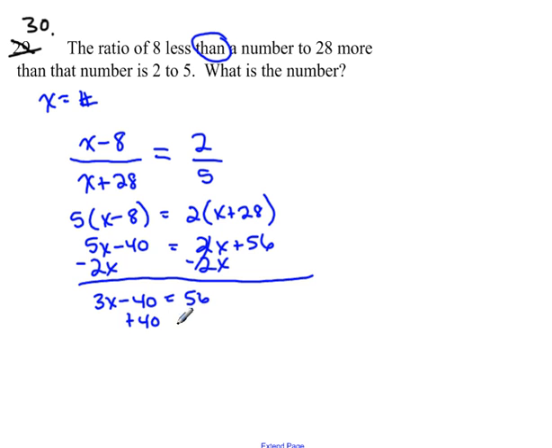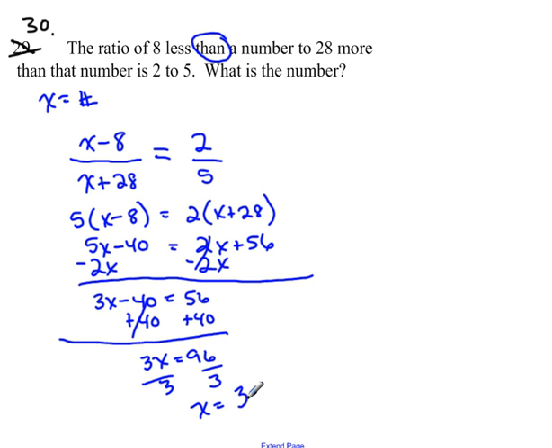Numbers to the right. Add 40. 3x equals 96. And divide by 3. X equals 32. Okay, answer the question. The question is, what is the number? Since x represents the number, the answer to this is, the number is 32.